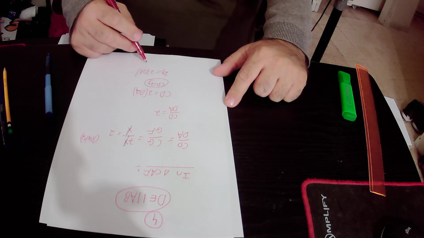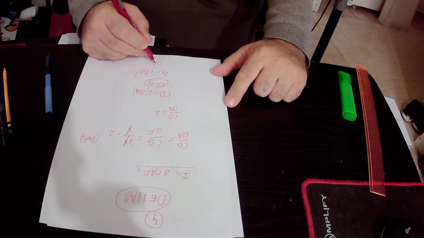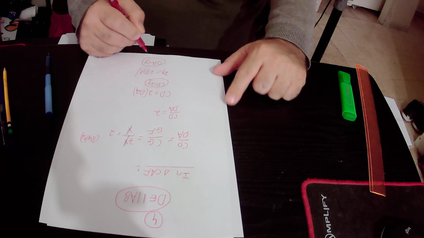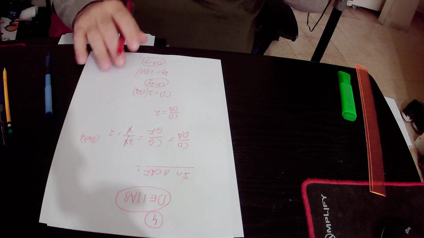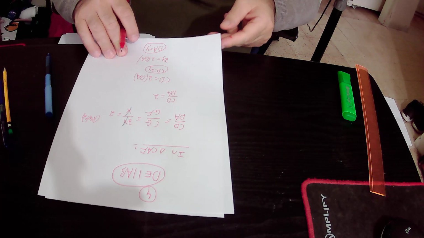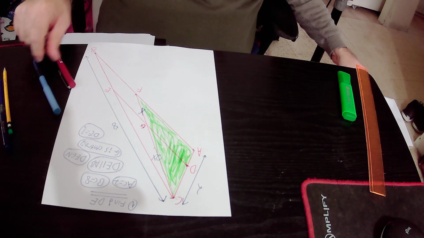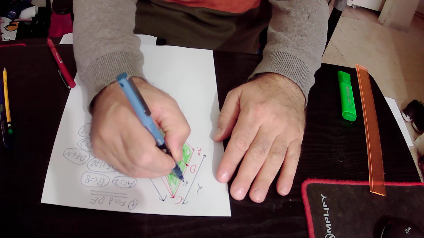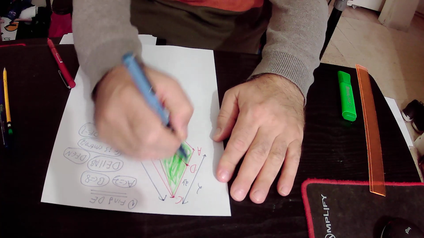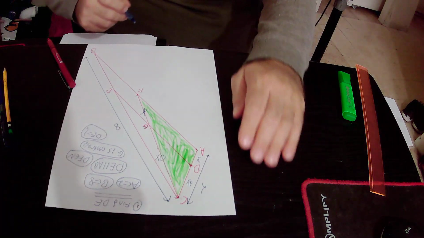Here we will divide this equality by 2, and we will get that DA equals y. So if CD equals 2y, then DA will be equal to y.